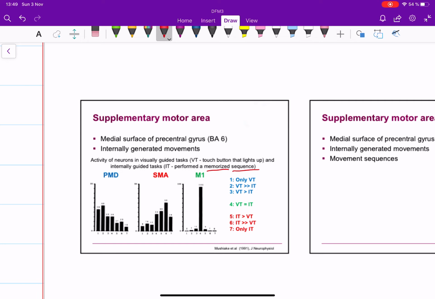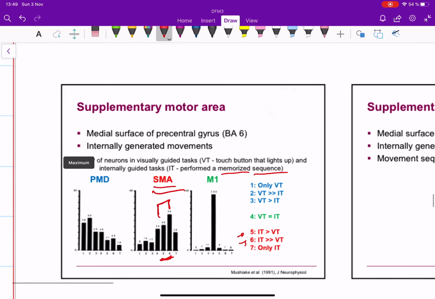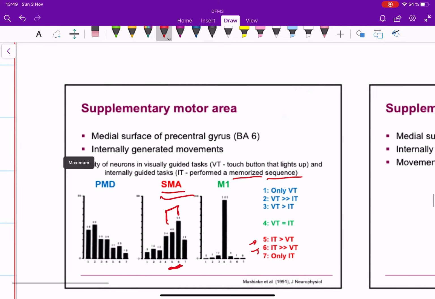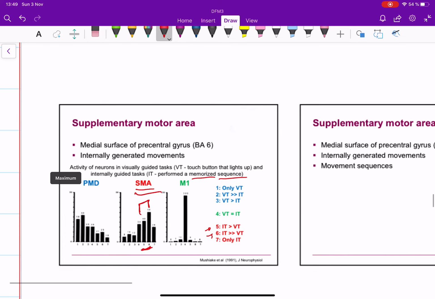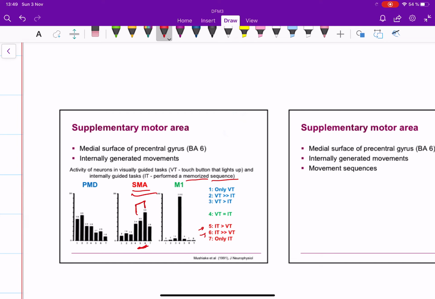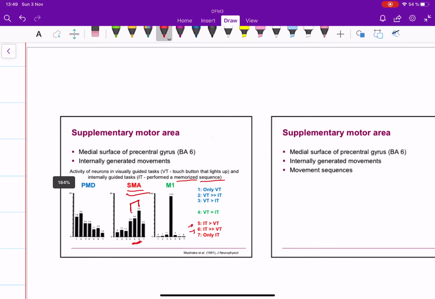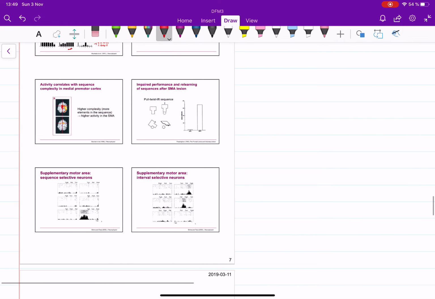What we see here at the internally generated movement, in 5 and 6, the area which is primarily responsible for that is the supplementary motor area. So that's like the cue for that.